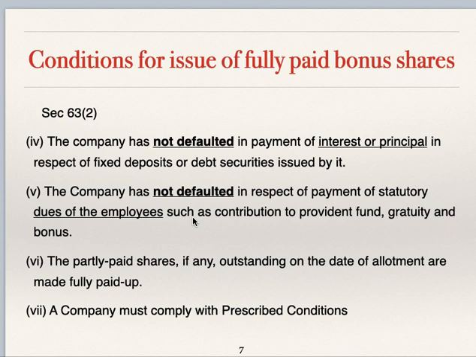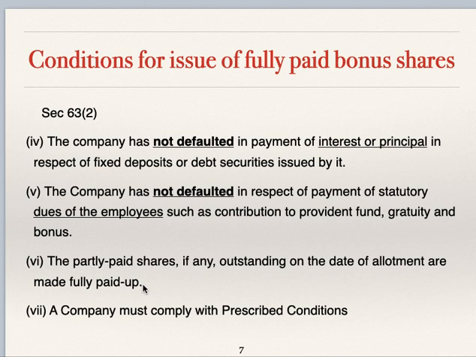These are the conditions. Now we'll see sixth condition. Partly paid shares, if any, outstanding on the date of allotment are made fully paid. So if company wants to issue fully paid bonus shares, and if existing shares are partly paid, then company will ask shareholders to make these shares fully paid.